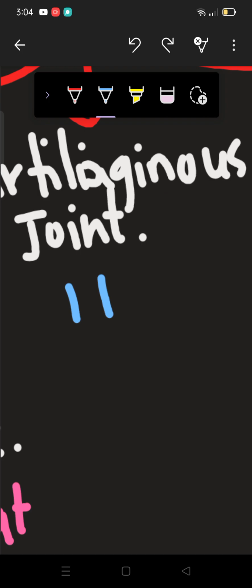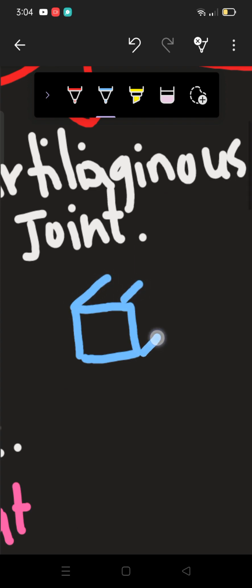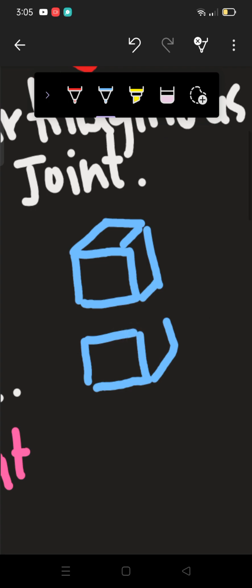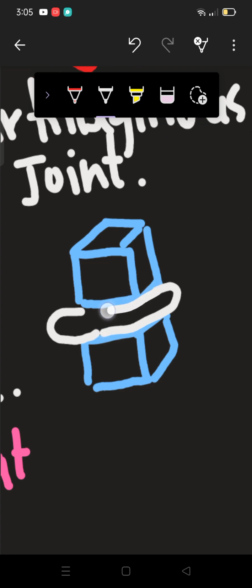Let me make the label. Here I have one, and here we'll have a thick pad. Let me color this.